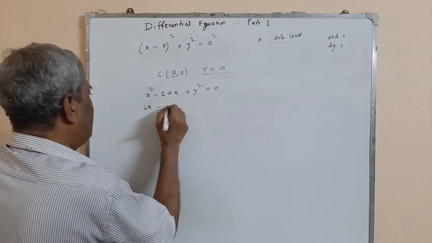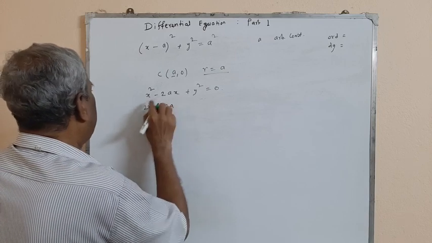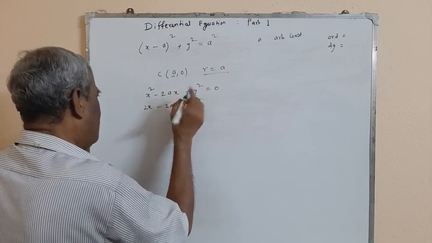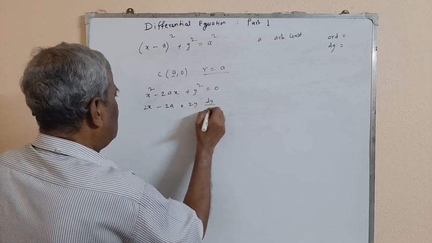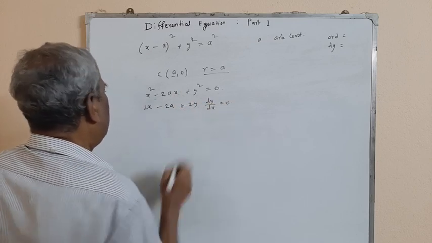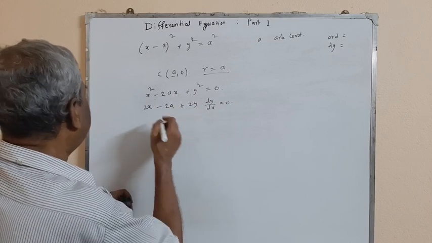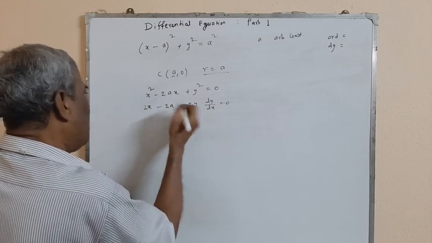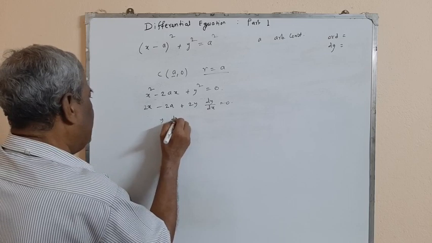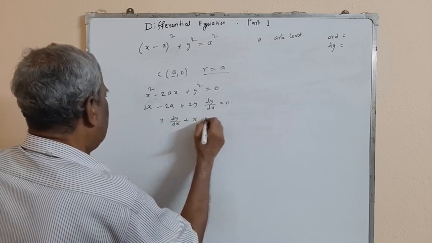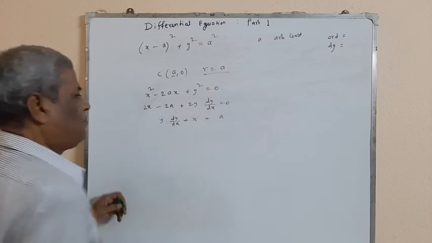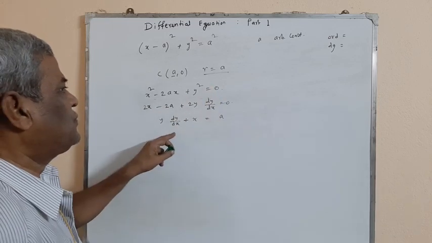So that 2x minus 2a plus 2y dy/dx is equal to 0. So that we get, 2 can be cancelled, y dy/dx plus x is equal to a. So the value of a is this.